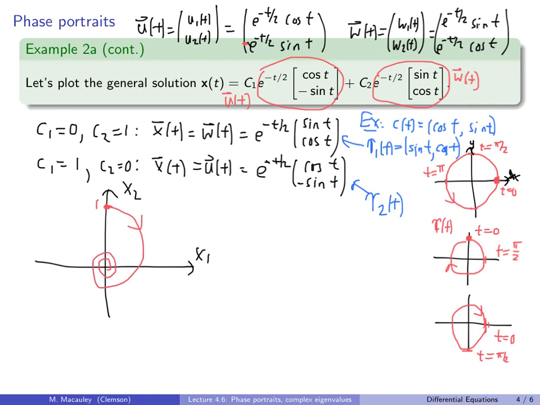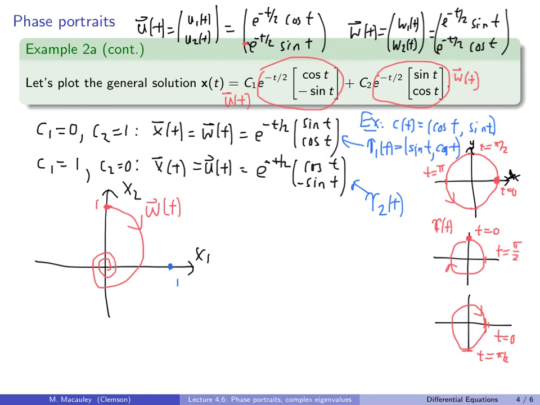And now let's plot u. So u of 0 is going to be cosine of 0, negative sine of 0, with the 1 in front. It starts right there. This is w of t. u of t is going to start at 1, so this is 1. u of t is going to start here, because again, u of 0 is 1 times 1, 0.